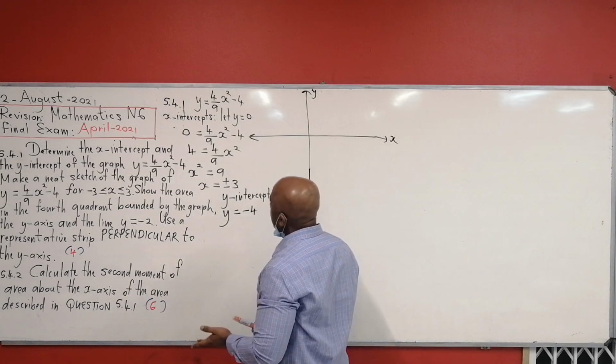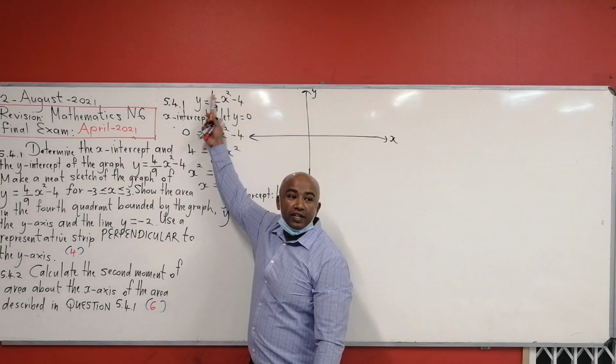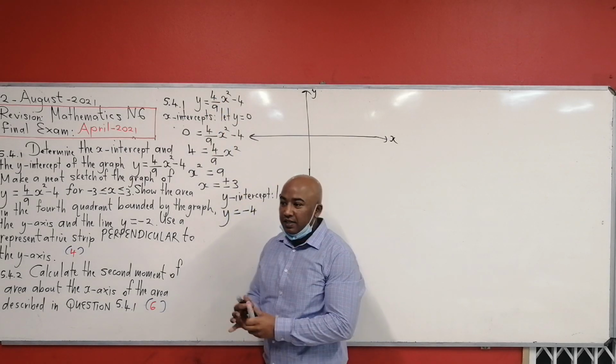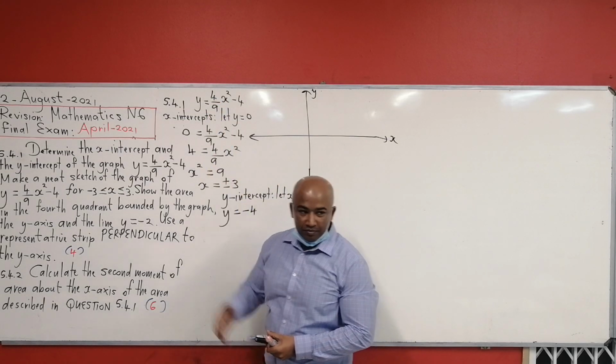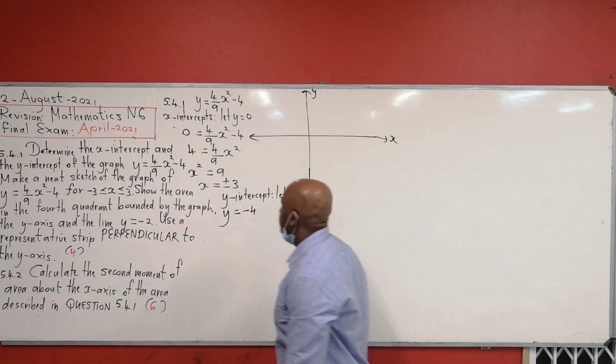Right, so simple graph, parabola. You can see the coefficient of x squared is positive. That means it's concave up. What else do we need to find? Turning point.